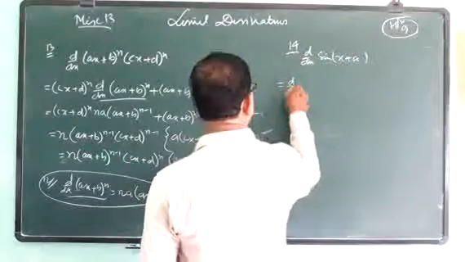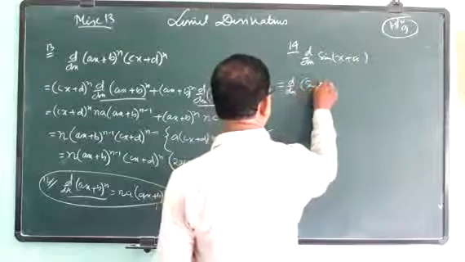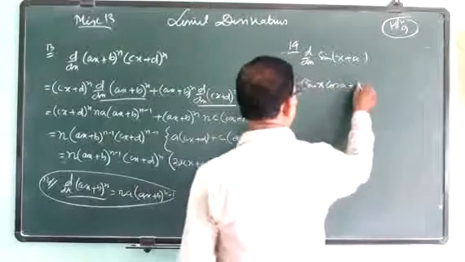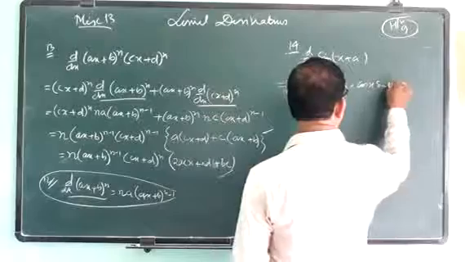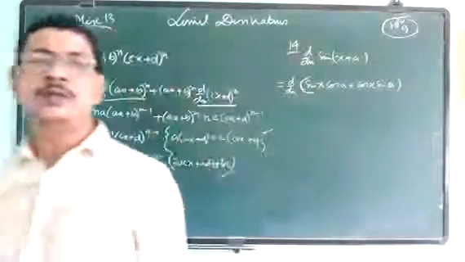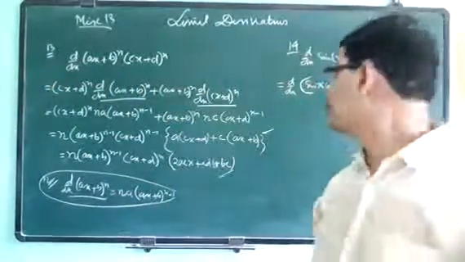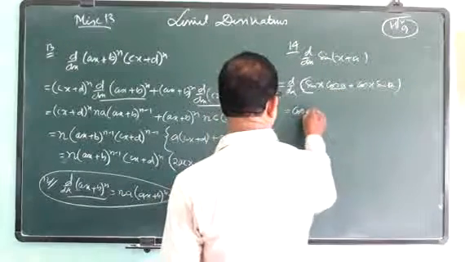d/dx of sin(x + a) is d/dx of (sin x cos a + cos x sin a). I have used the formula of sin(a + b). Here you remember x is a variable but a is a constant, so we can take this constant outside.